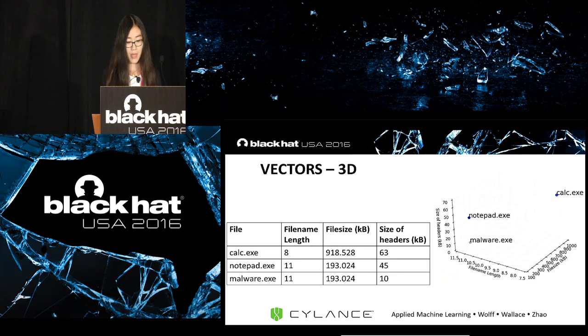We can expand this feature space and add another feature to this representation. We can add another feature, like size of headers. And then these executables can be represented as points in the three-dimensional space, as we show in this picture here.